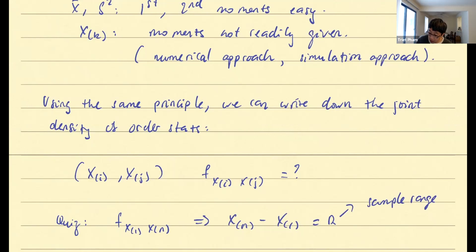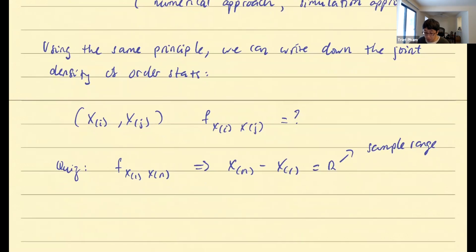The sample range, as you can see, is an estimate of the support length, the size of the support of the density. So anyway, the point I want to mention is, yes, the joint behavior of the order statistics is something that is of interest to people. Again, you should set aside the difficulty in calculation. Difficulty in calculation is one thing, that's calculus. But conceptually, these things are not hard to write down, in terms of thinking about how to write down the form. Again, the picture is clear.